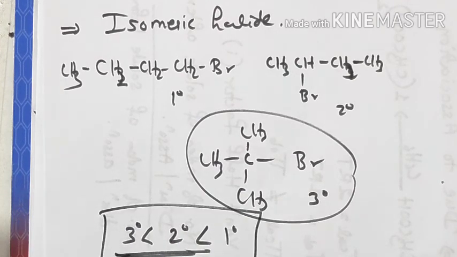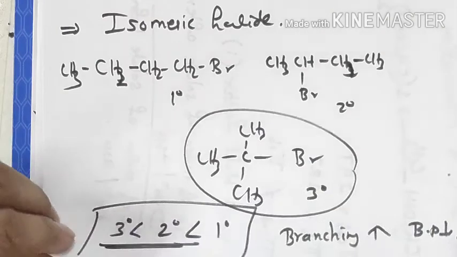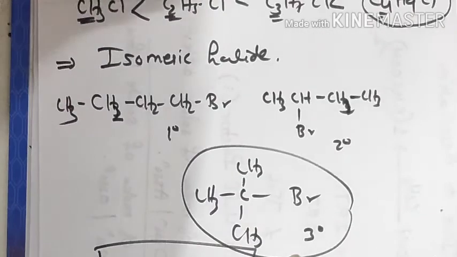This is very important, student. Right. So as branching increases, what you have to understand? As branching increases, boiling point decreases. So branching and boiling point are inversely proportional. Got that? Okay.